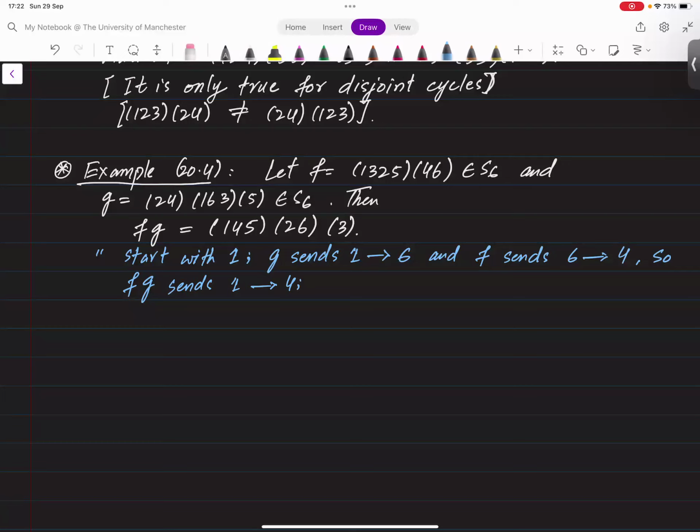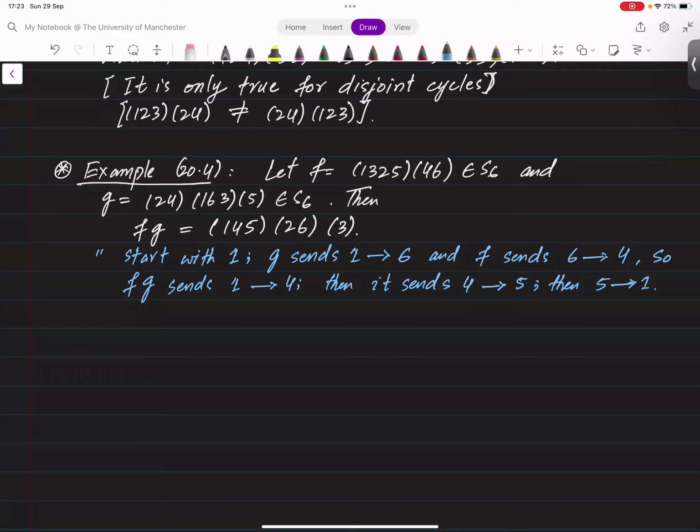Then it sends 4 to 5, then 5 to 1. How does it send 4 to 5? Because G sends 4 to 2, and F sends 2 to 5. So FG sends 4 to 5.